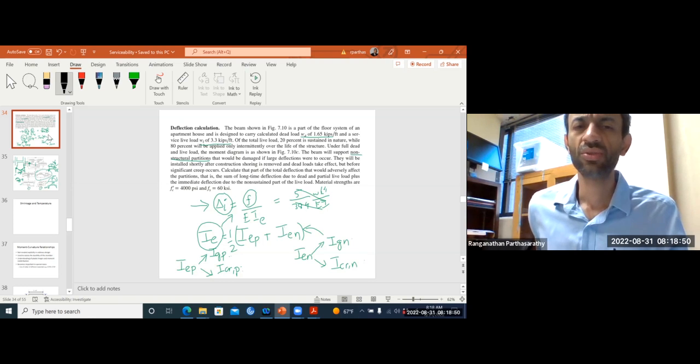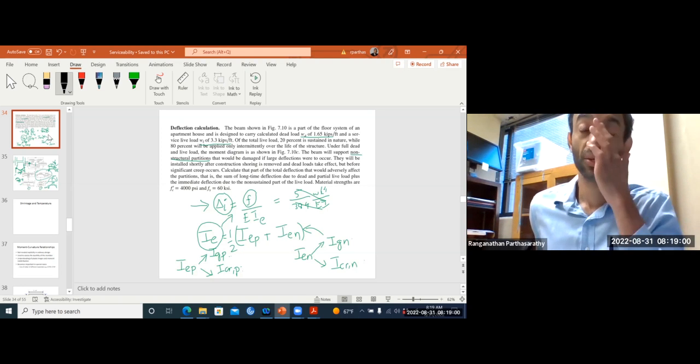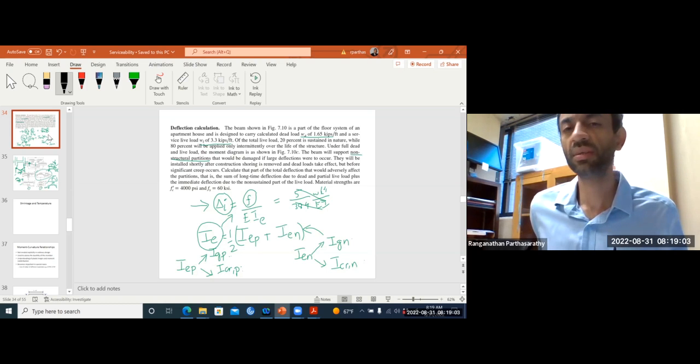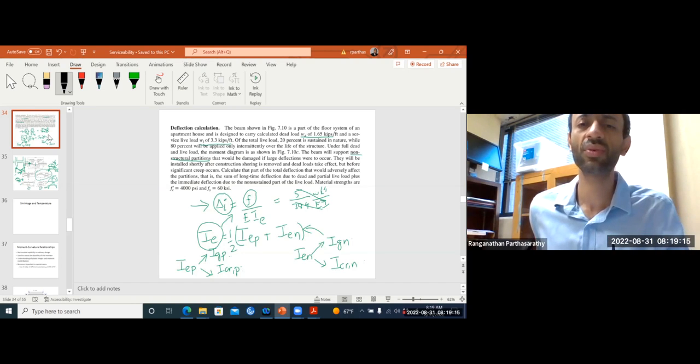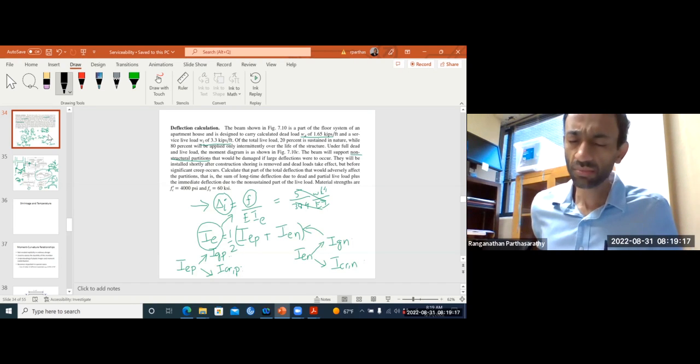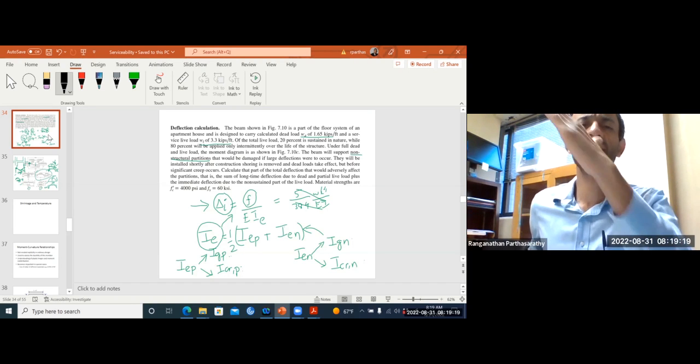What we are going to do in this problem is assume that your structure has already been cracked to a certain extent. During construction there was some load which was quite high as compared to whatever live loads will be coming. So we will assume a linear path.